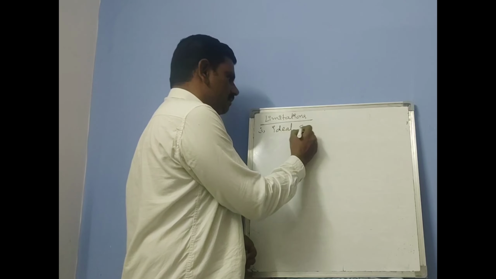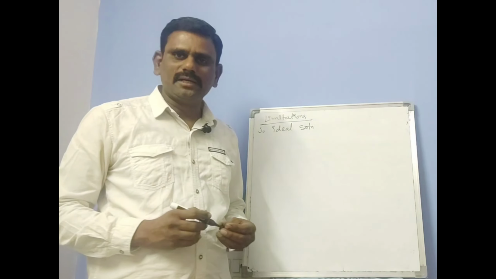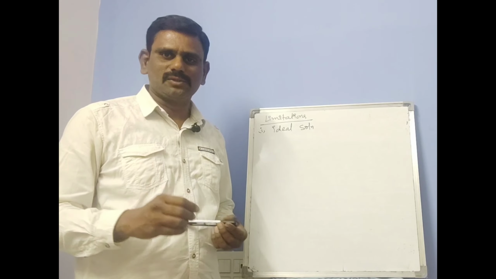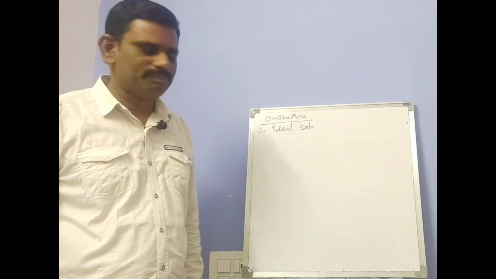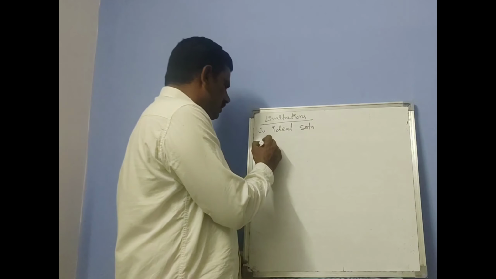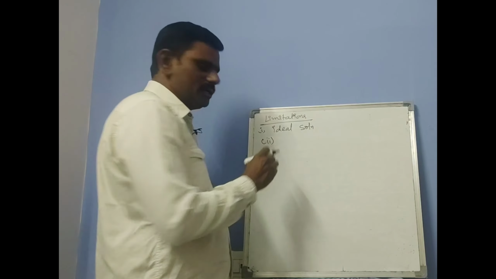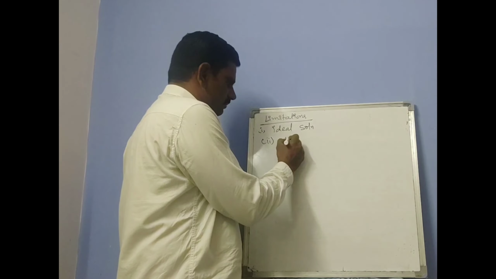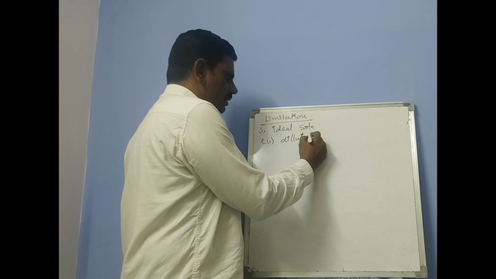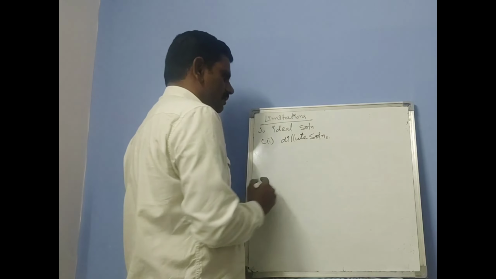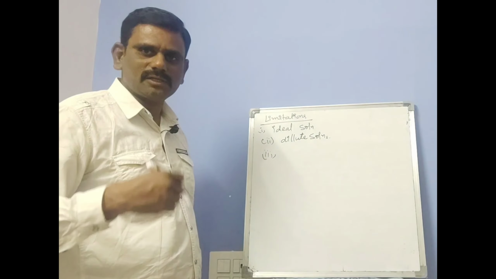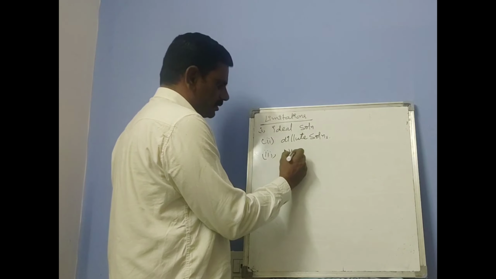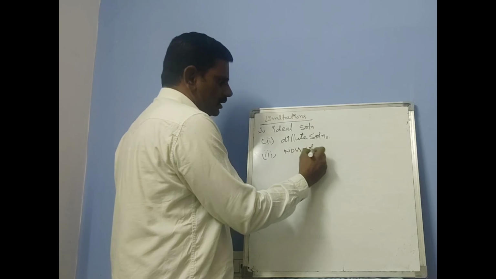What are ideal solutions? Ideal solutions are the solutions which obey Raoult's law. Raoult's law is applicable to dilute solutions. Raoult's law is applicable when we are taking the non-volatile solute.